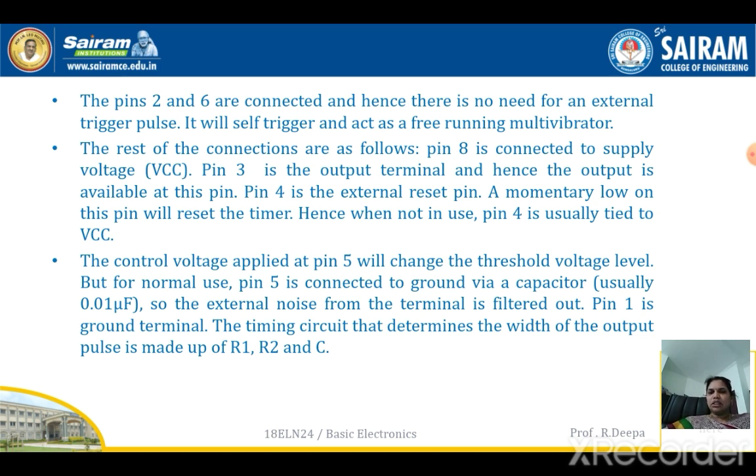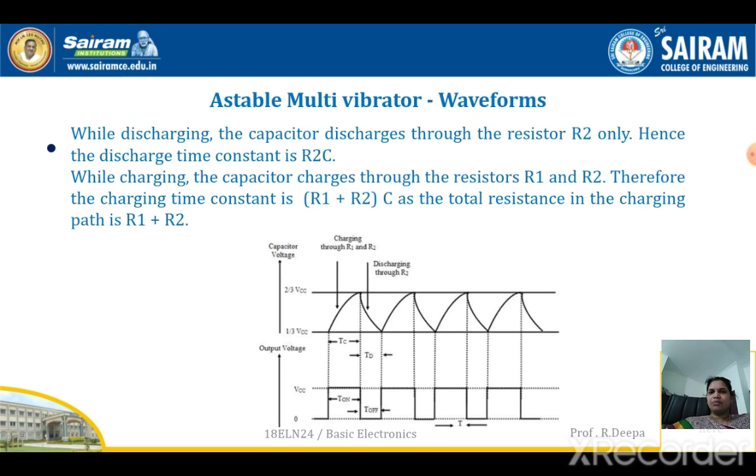Control voltage applied at pin number 5 will change the threshold voltage level, but for normal use pin 5 is connected to ground via a capacitance of value 0.01 microfarad, so that the external noise is filtered out. And pin 1, as usual, is the ground terminal, and the timing circuit that determines the width of the pulse is made with the help of the values of R1, R2 and C.